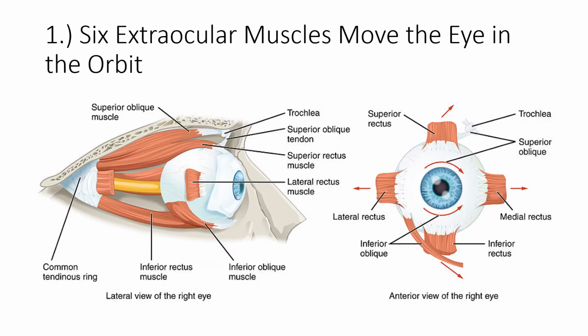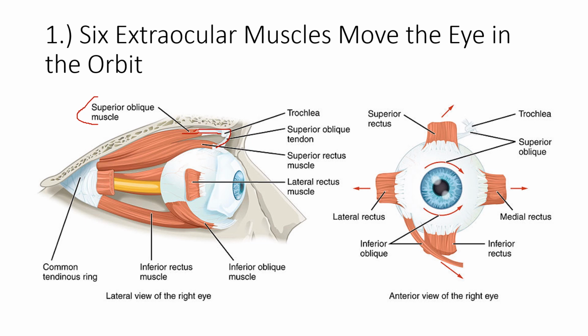Let's start here with looking at our extraocular eye muscles. So let's go through these here. You can see superior oblique. Let's start right up here. Note this superior oblique tendon going through the trochlea here. Notoriously, superior oblique is the one that kind of trips people up when we are studying it.